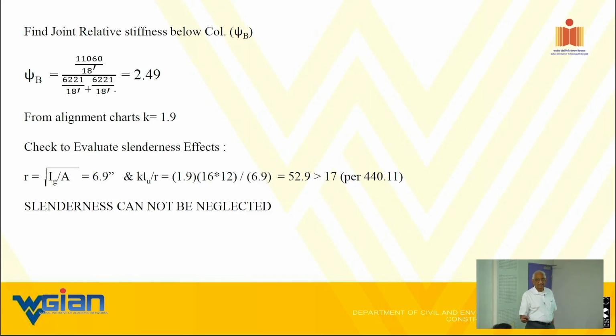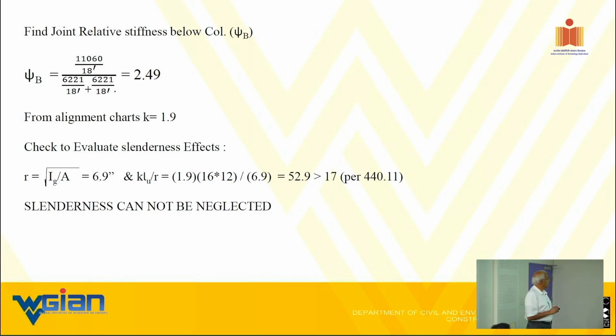We have a slightly different alignment chart. That chart gives me 1.9. That is your effective length factor. Obviously, since the top and bottom are partially fixed, you must get a value lower than 2, higher than 1. That's what you just showed.